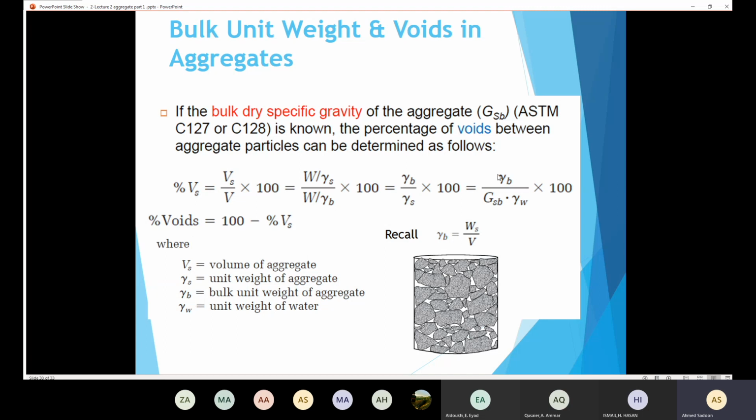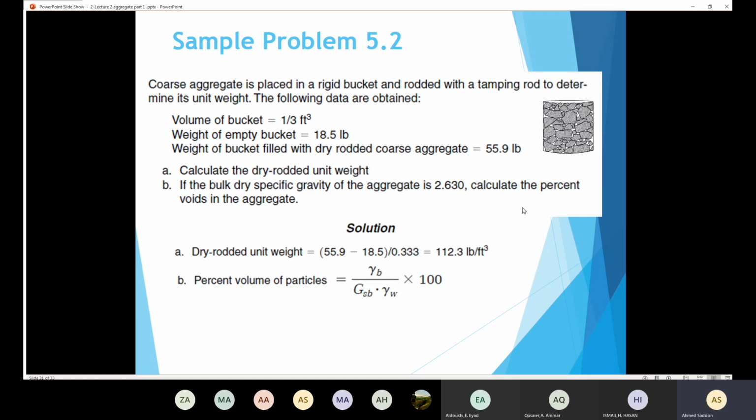Do I know gamma B? Yes, I determined gamma B. Do I know GSB? Yes, it's given, and I do know the value of gamma water. So I'm going to use this formula. You know this value, which is here, GSB, which is there, and gamma water in pound per cubic foot is going to be 62.3, so do not forget this.